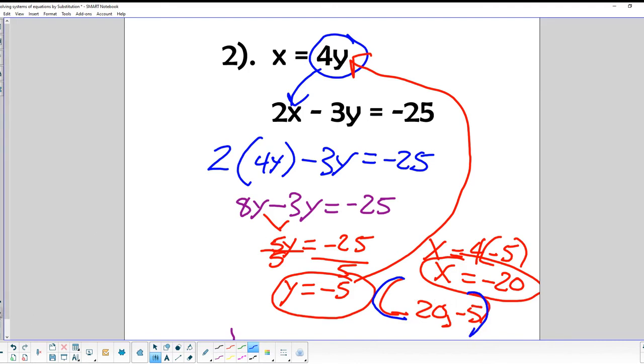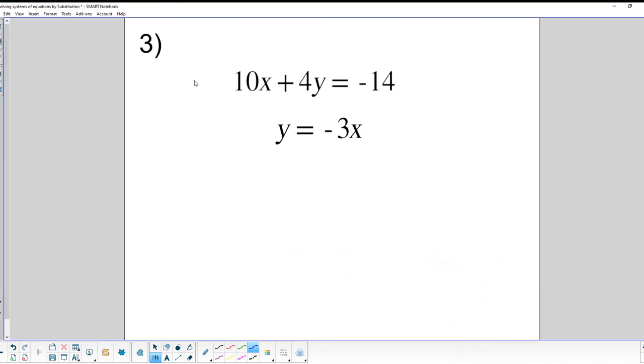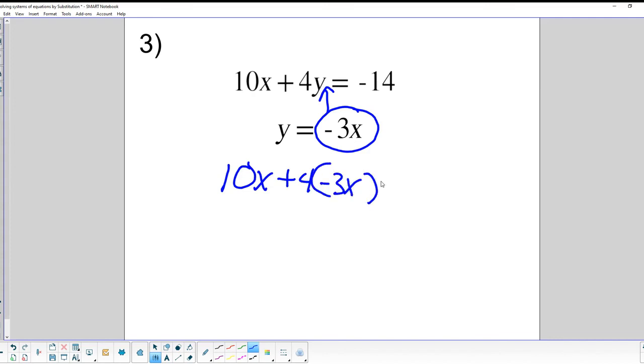All right, I think we have one more example here. So we've got y equals negative 3x in the second equation. We'll take that value of negative 3x and substitute it into the top equation here for y. So when we rewrite the result, we end up with 10x plus 4 times negative 3x equals negative 14.